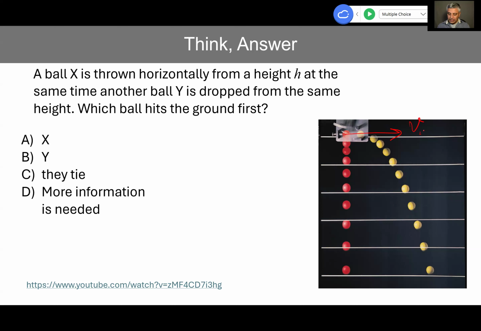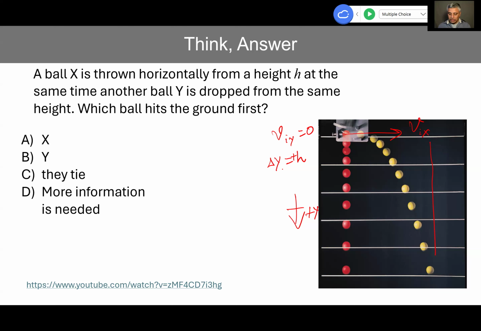So the initial velocity in the vertical direction is 0 for both of them. And they go through a displacement of the same height. If I say down is positive, then delta y is positive.